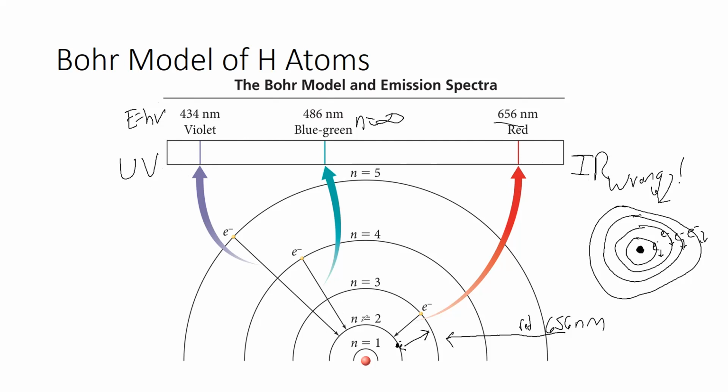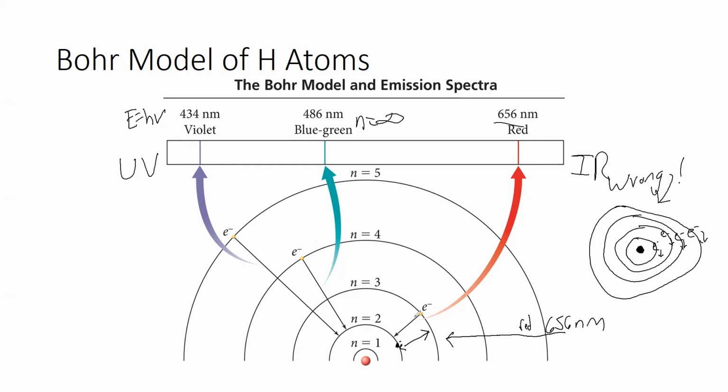And from this image, we can see that the bigger the gap we want to cross, the more energy we need, which makes sense, right? If you're jumping between a gap that's energy level 2 to 5, you need more energy than you would if you're jumping a gap that's 2 to 4 or 2 to 3.